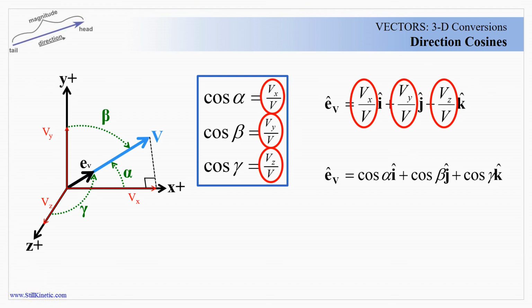We can also represent our unit vector in terms of the direction cosines. It's worth noting that the magnitude of ev is 1. By definition, it's a unit vector. That's the whole reason unit vectors exist, is because they have a magnitude of 1. And so if we take the magnitude of ev using the three-dimensional Pythagoras, we discover that cos squared of alpha plus cos squared of beta plus cos squared of gamma equals 1.